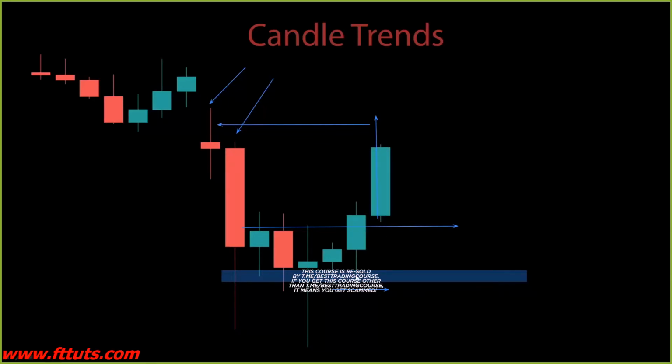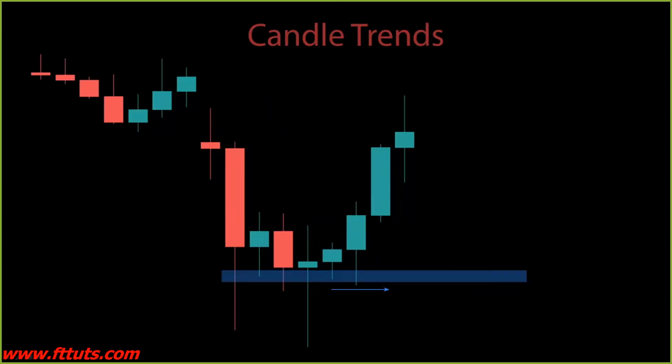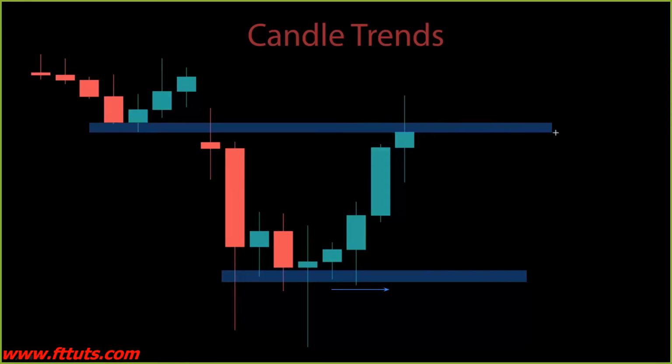Price goes up, respects the previous low, makes a higher low and a higher high, and the next one continues up and it reaches the gap area just perfectly. So if we see this was the gap, price came up and rejected it. Now let me ask you this.